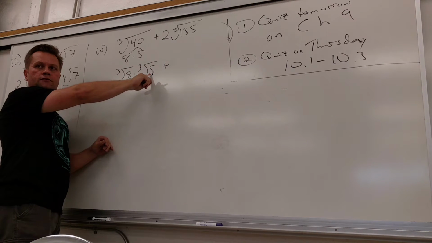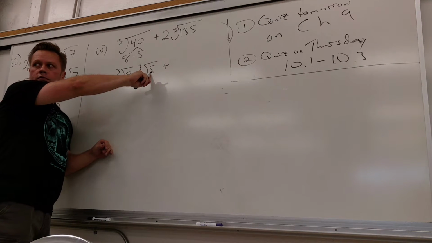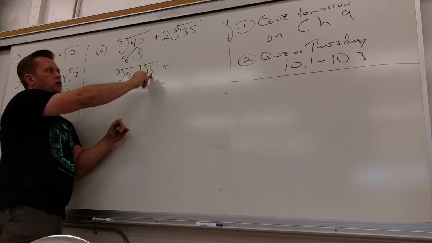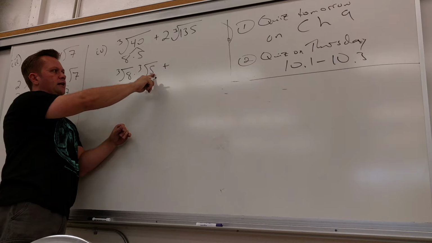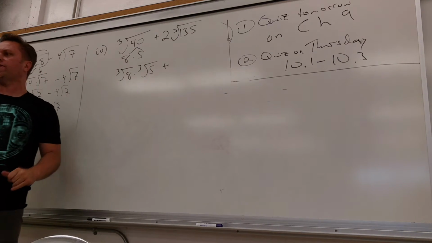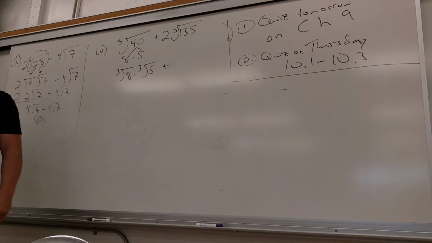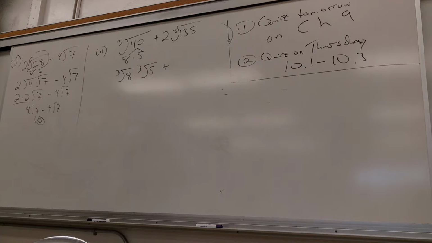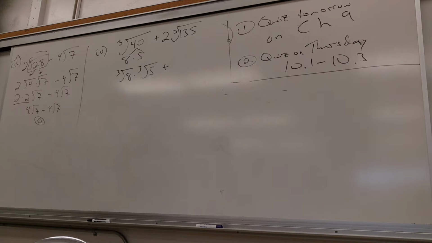Now this is a hint. I really want you to understand that that's going to be 2 of these. The only way these are going to be like terms is if that's in there also. And sure enough, 5 goes into 135. 8 times... no. 12, 14, 16, 25. 16 times. 27. 27 times.